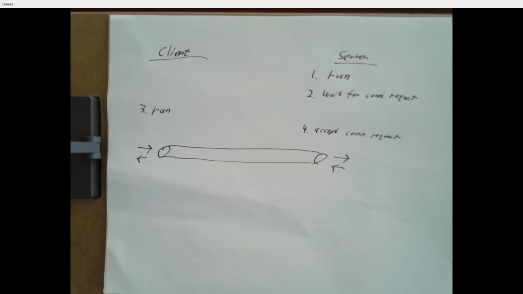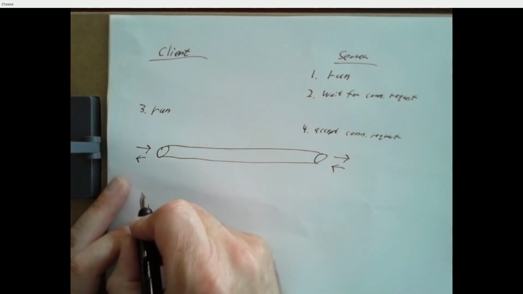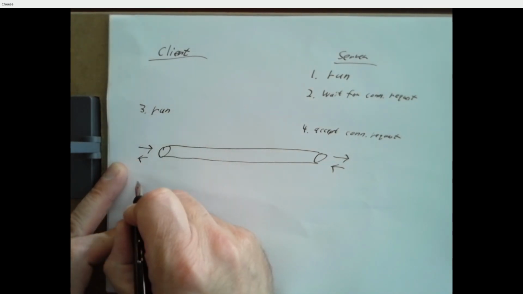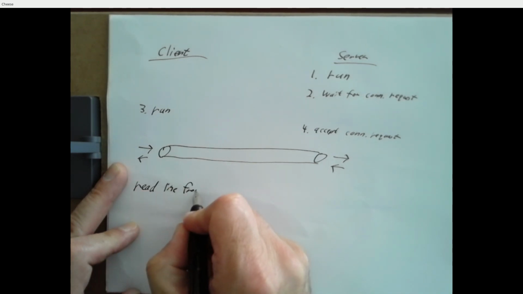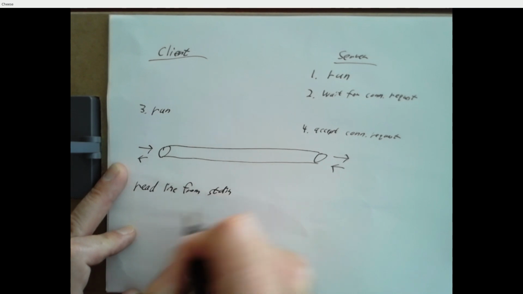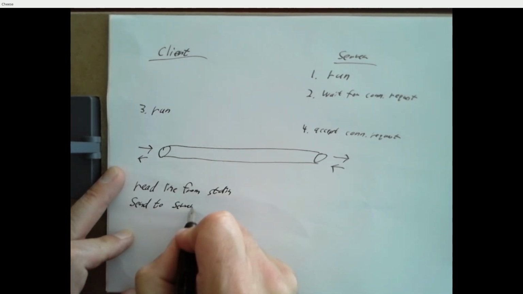But here's one tricky aspect of this. Your client is supposed to let you type something in, hit enter, and it'll send it over to the server. So you might read a line from standard in, send to server.